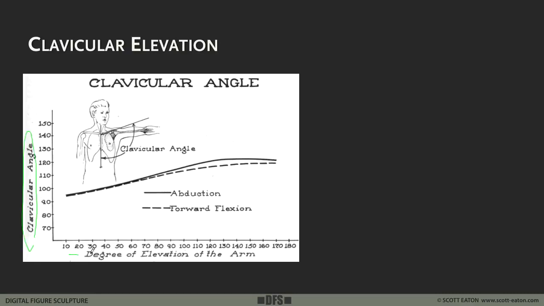Elevation of the arm, if it's at pretty much no degrees down here, the clavicle, they're measuring against vertical, is just a little bit more than 90 degrees, so 95 degrees. And then it goes up more or less linearly, meaning at a fixed ratio, as you get all the way overhead, which would be 180 degrees out here.